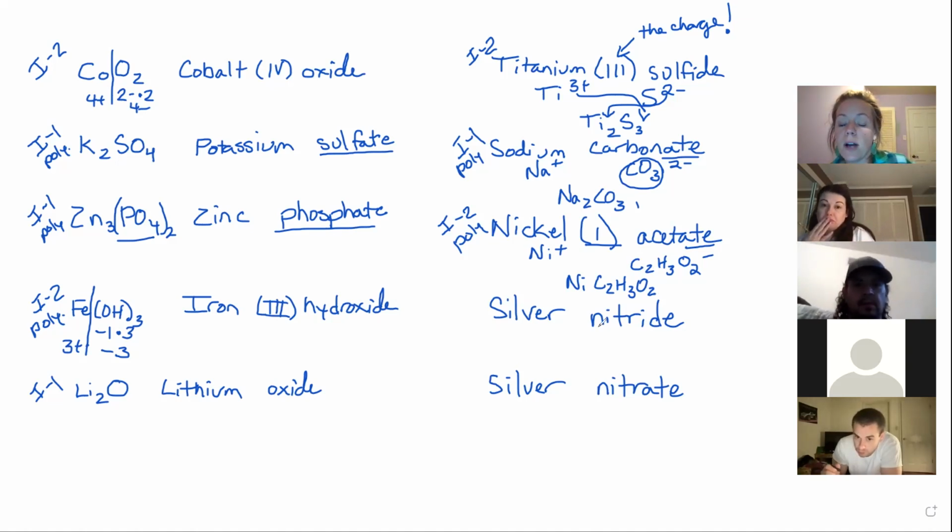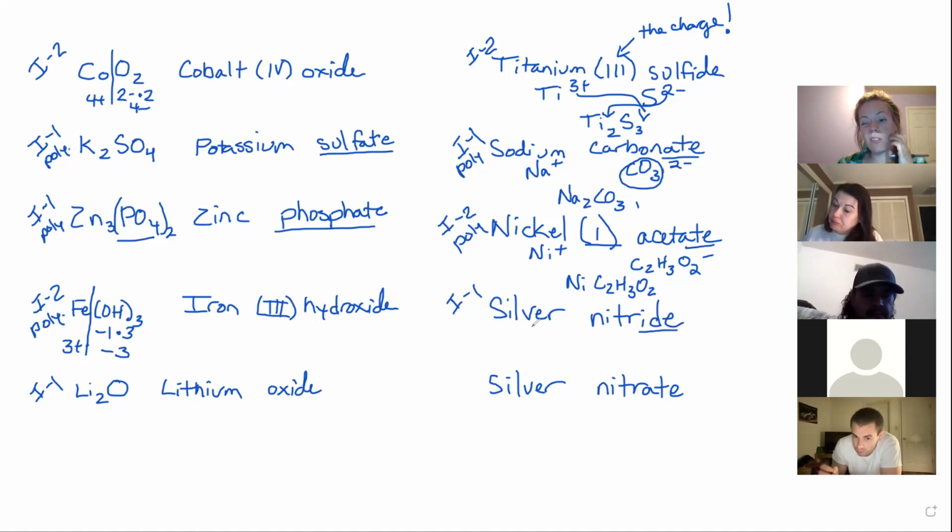This next one here, silver acetate. So silver, although it's sitting in the transition metals, we treat it as a type 1 because it has a predictable charge. So, ionic, type 1. Nitride, IDE is talking about the element, nitrogen, right? We -ide the elements.